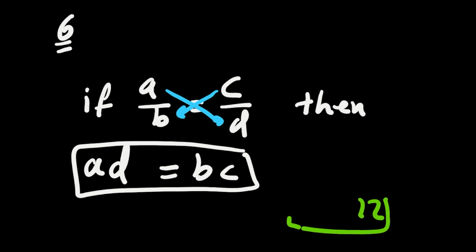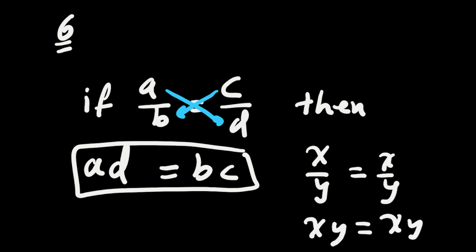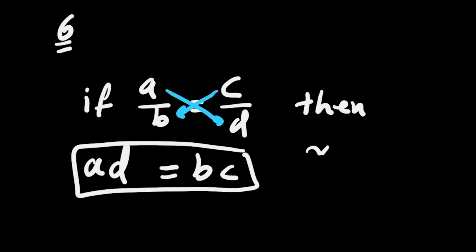Let me just write it with variables. This may be confusing a little bit. So when we have x over y equals x over y, for example, then xy would equal xy. Okay, this is all about property number 6.